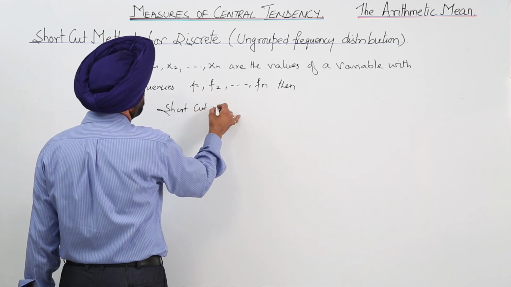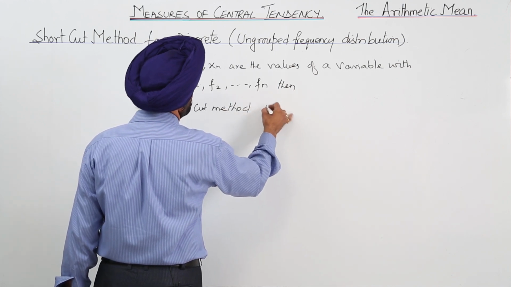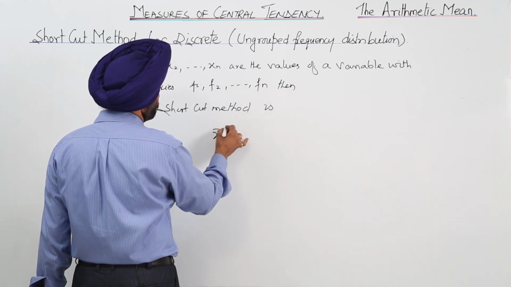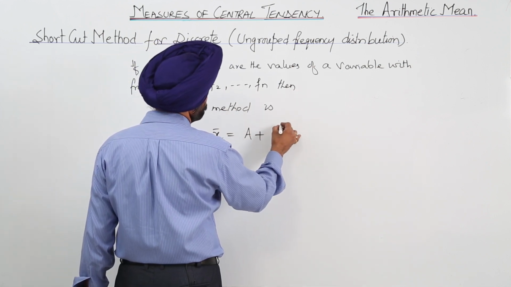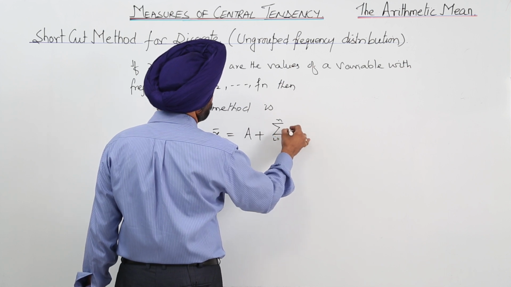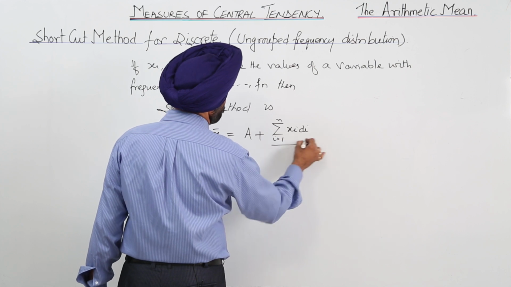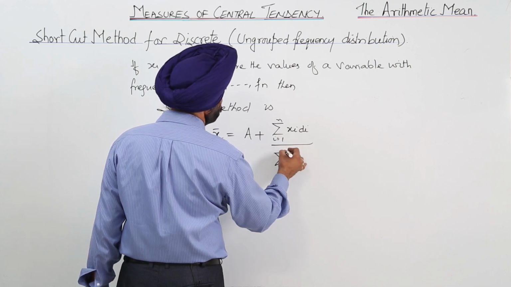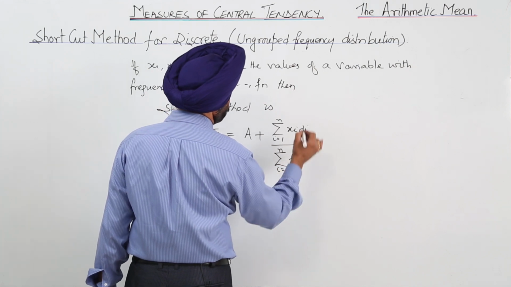shortcut method is to find the arithmetic mean. Using the shortcut method, it is assumed mean plus summation of fi times di upon summation of fi.